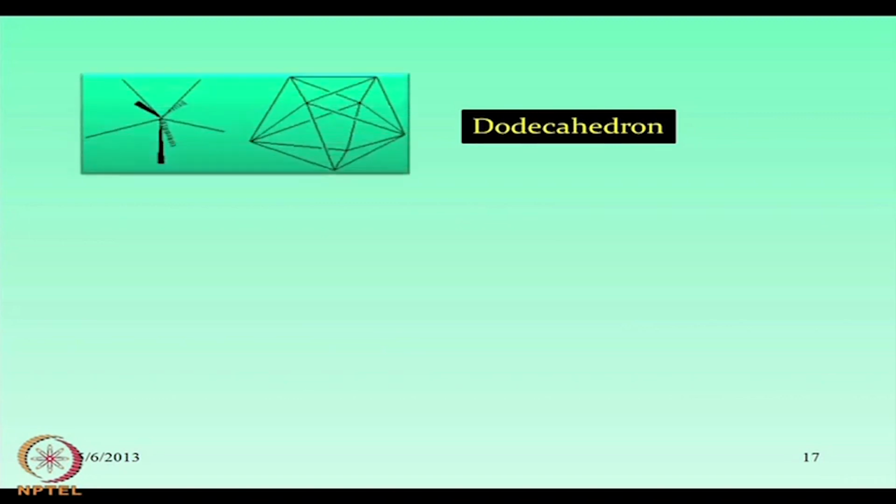Now we see the corresponding dodecahedral geometry. In the dodecahedron we have the coordination number of 8, but the faces are different. This is the corresponding pentagon basically. So on this side we have 5, then on another side we have 5, 10 plus 2, so it has 12 faces.